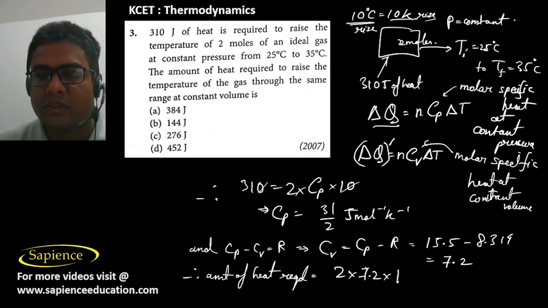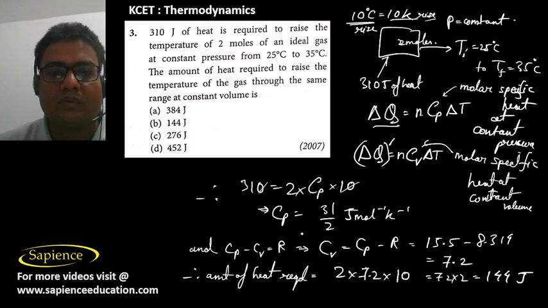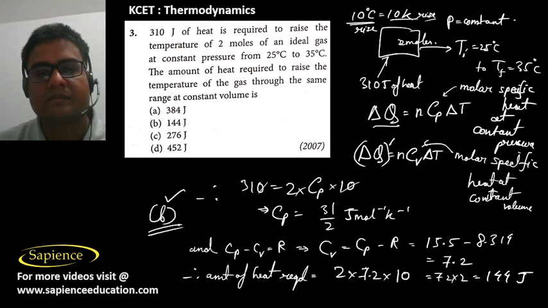Okay, so it means only a 10 degree rise. So that is 7.2 into 10 into 2, approximately 144 joule. So option B is the correct answer.